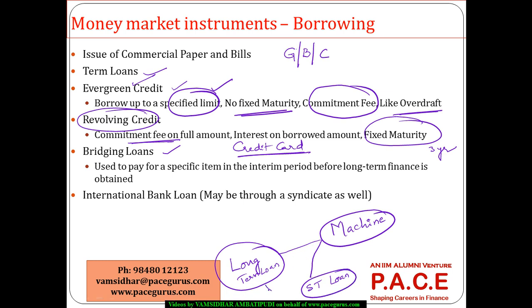But once the long-term loan is sanctioned, I'll use those proceeds to pay off this short-term loan. So this is for a very short-term period, generally until the long-term finance is obtained. For that intermediate period, this kind of loan is taken, and that is what we call a bridging loan. And in some cases, I can take the loan in an international market, either from one single bank or from a syndicate of banks also.